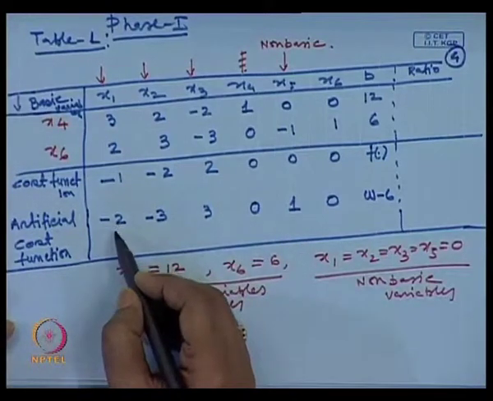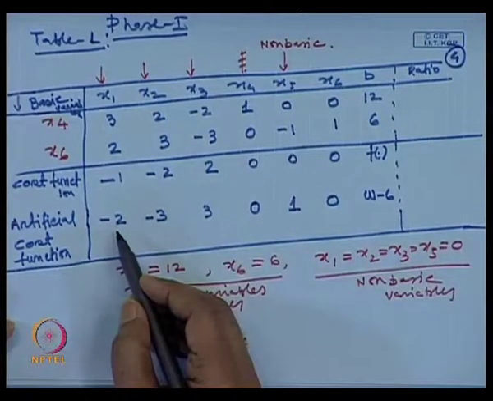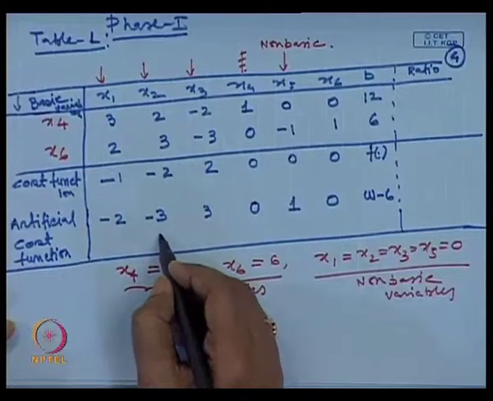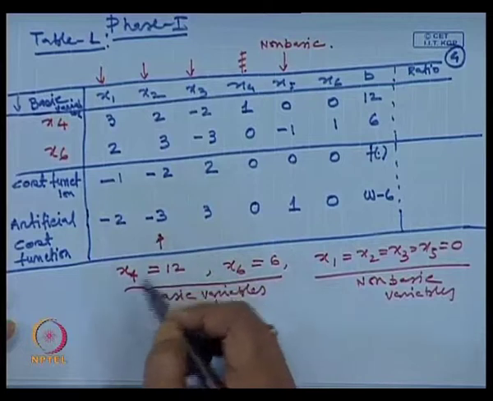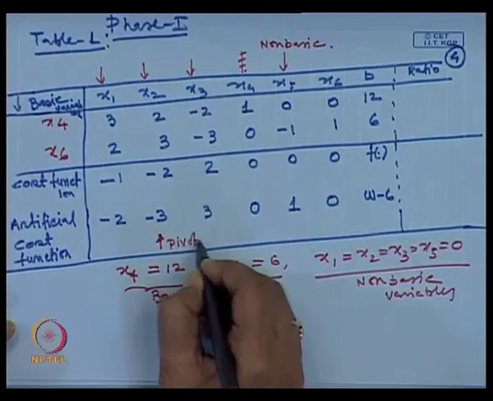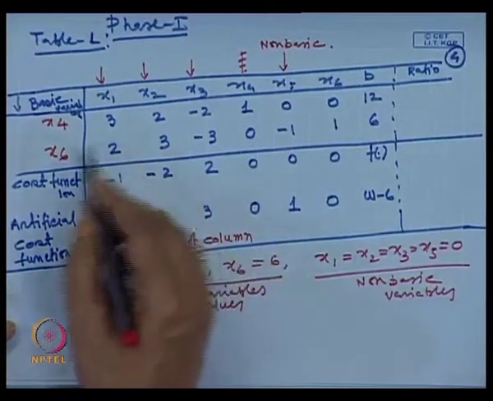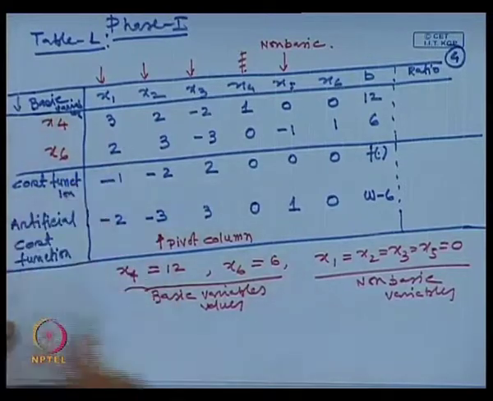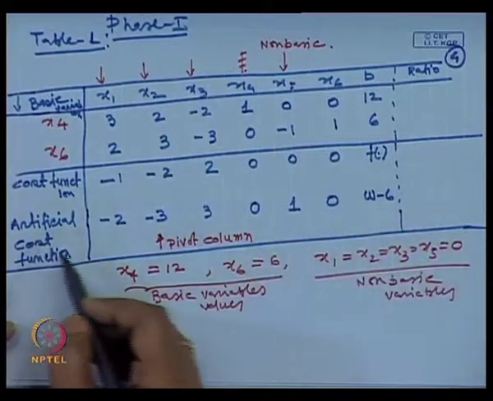Now, see this coefficient is minus, this coefficient also minus, we have to consider the most negative coefficient, and the most negative coefficient is that one, agree, this one. So, this is our pivot column, because we have to minimize first W, then we have to minimize our cost function. So, we have to concentrate only on this last row, which is the artificial cost function.